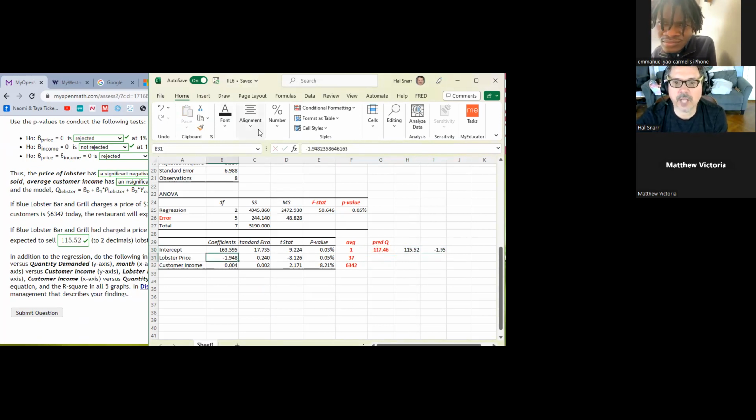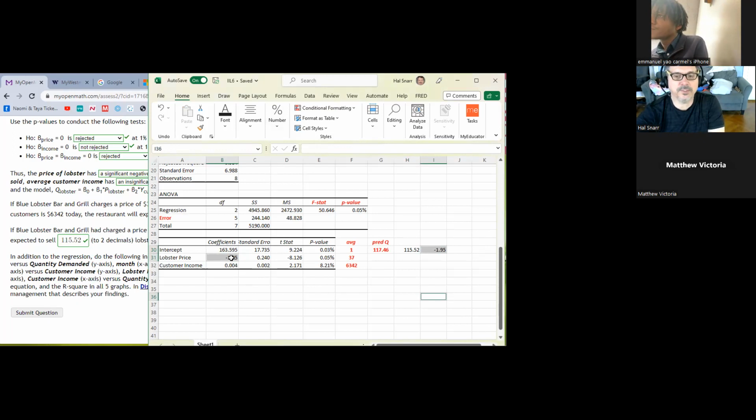Oh, that's the coefficient of lobster price. You see that right there? If I increase my average price by $1, quantity is expected to fall by 1.95.